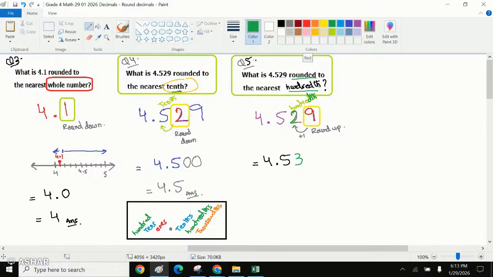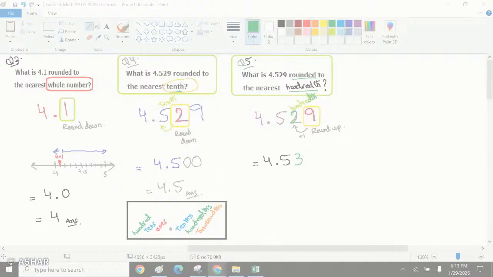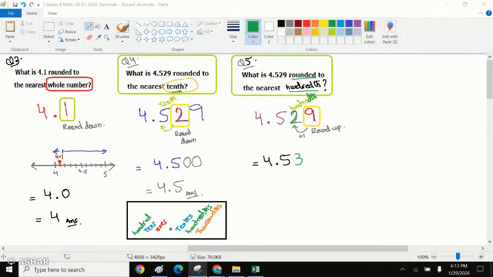Okay. Let's pick up more options. Let's do similar questions. Let's have a look at the next question. For the next question, it says, what is this to the nearest whole number?